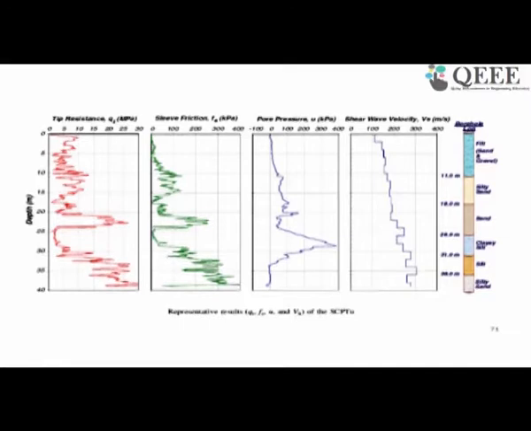Now in SCPT, the seismic cone penetration test, you are also adding the shear wave velocity. So the same CPT now becomes SCPT because you are adding seismic sensors. All these four parameters or four graphs with corresponding depth you will get directly as the cone penetrates, and later can be used for your analysis.